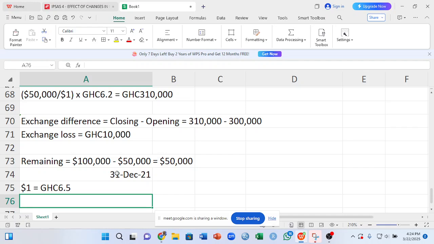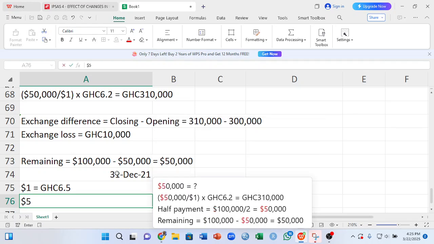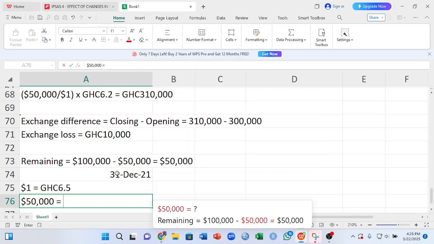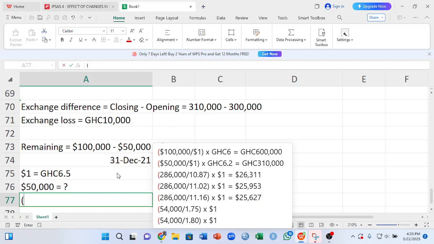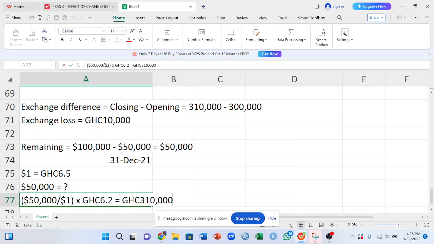So that will be 50,000 equal to question mark. Then multiply, so let me bring this and then make some changes. Yeah, it will be 6.5.